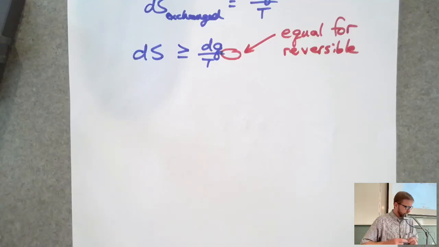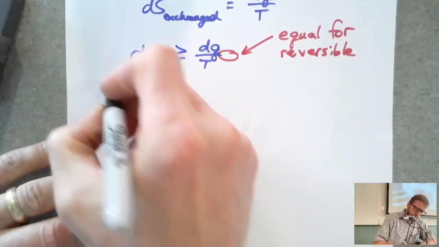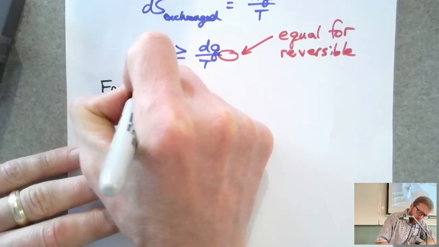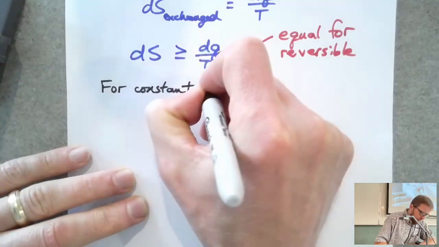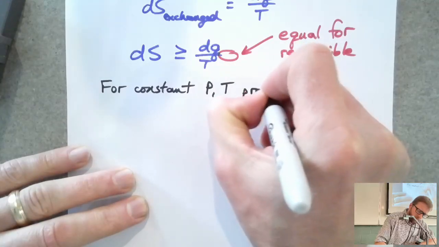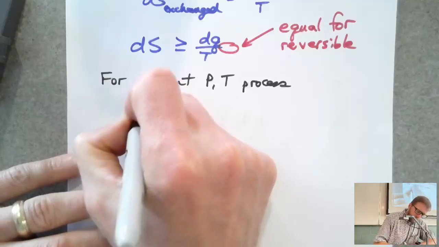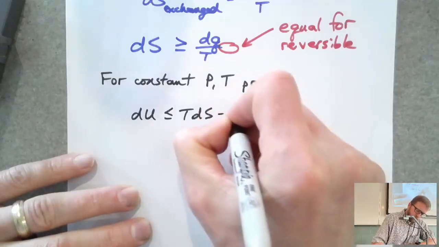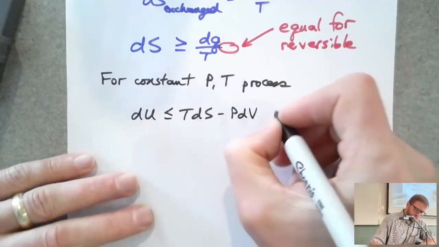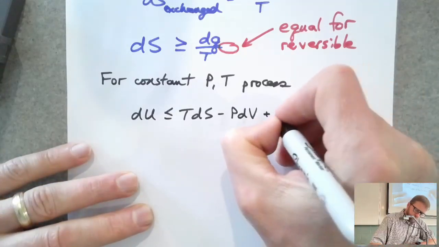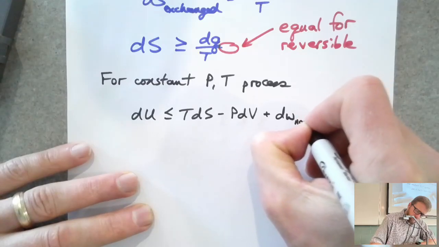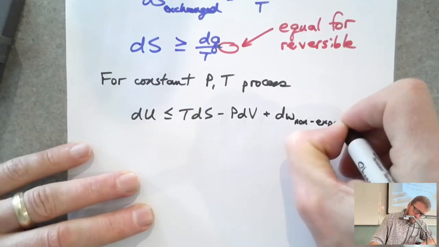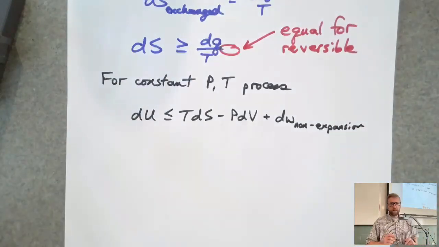All right, so for a constant pressure and temperature process, the first law is this inequality.